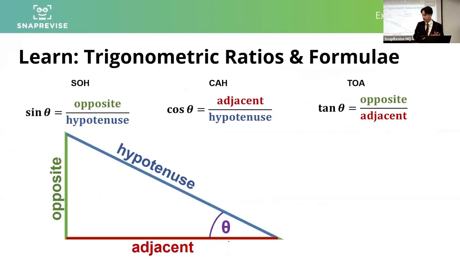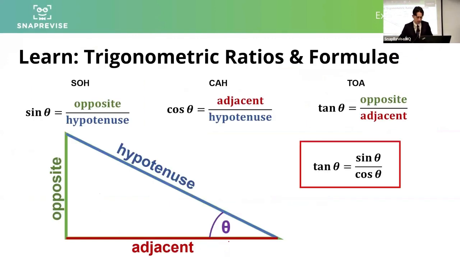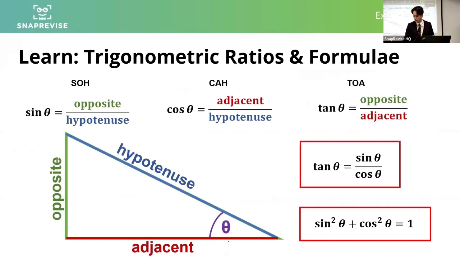Right. Basic recap of trig. We should know all of this stuff. From year 12, we should know the two main identities: tan is sine over cos, and sine squared plus cos squared is 1, because off the back of those, we have some new identities in year 13. We have 1 plus tan squared is sec squared, and 1 plus cot squared theta is cosec squared theta.